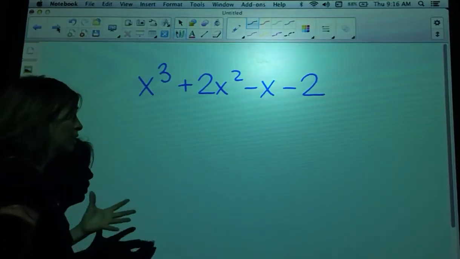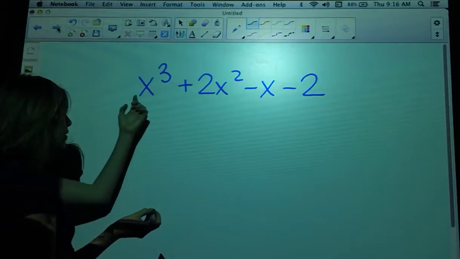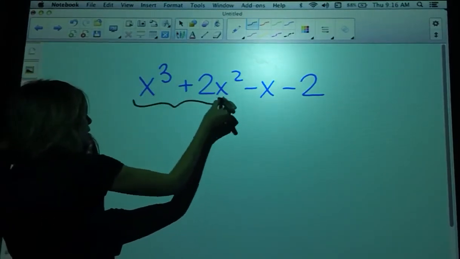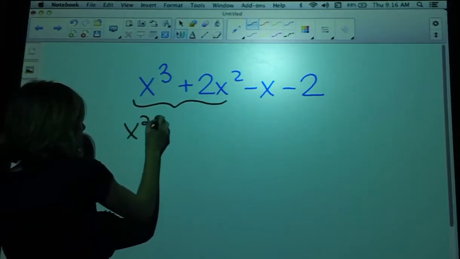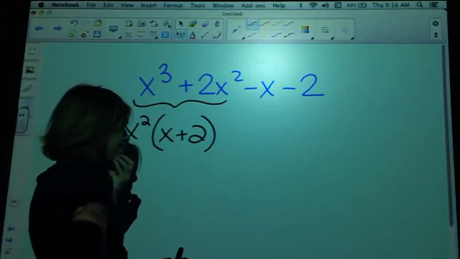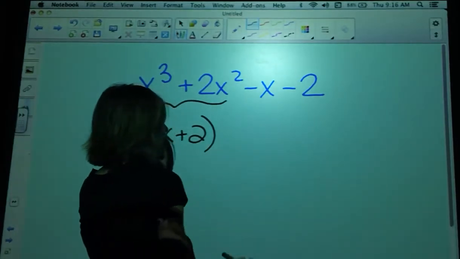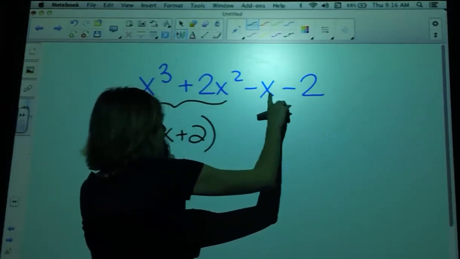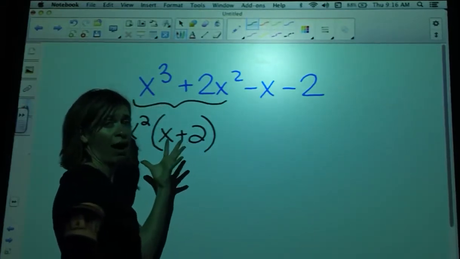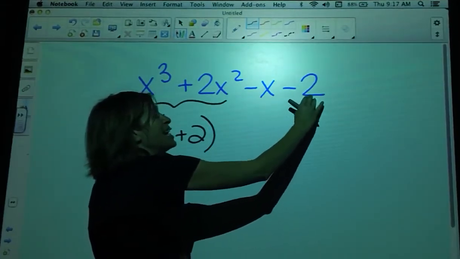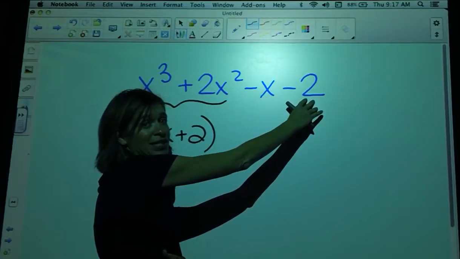All right, looking at another example like that. We're looking at pairs of things. I looked here and thought, all right, those have a common factor. If I pull out the common factor of x squared, I'm left with x plus 2. I don't see any common factor here, but I'm hoping that you recognize that maybe x minus 2 and x plus 2 are opposites. This is a really great case for you to pull out a negative 1 to make the opposites the same.